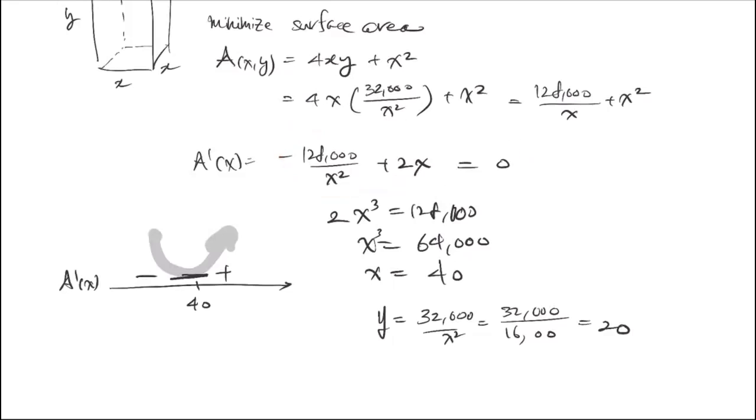Let's say, I don't know, 1 or something like that. That's negative 120,000. That's definitely negative, right? And plug in something big, like a million. That's essentially 0 and a very positive number, right?